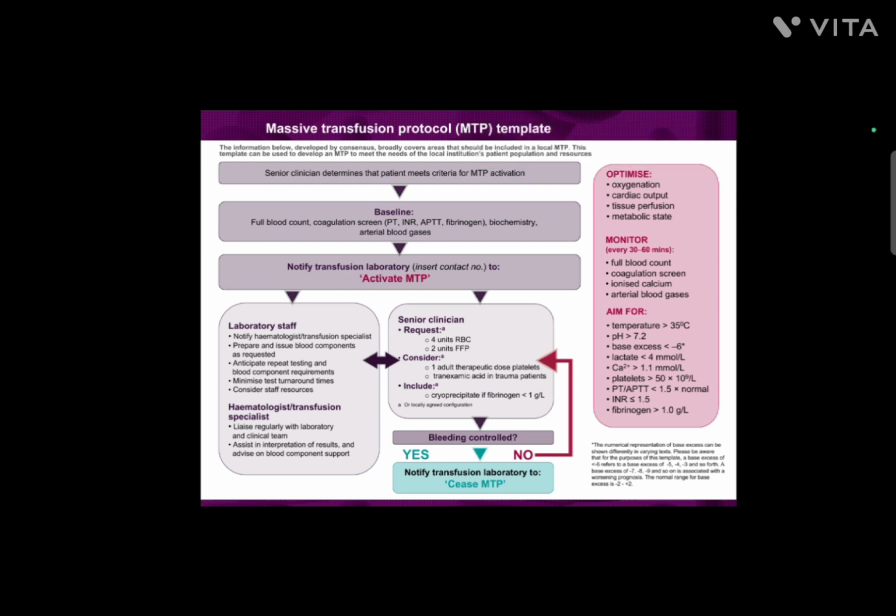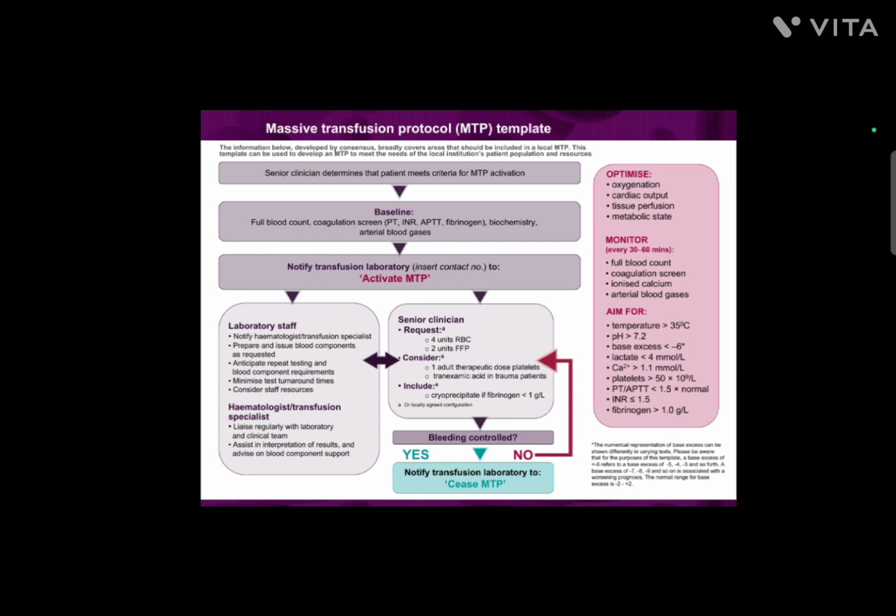Next, the hematologist will look after all the investigations and plan how many pints and what kind of transfusion is to be done. Usually, as per the hematologist or senior clinician's request, for 2 pints of RBCs we will give 1 pint of FFPs.